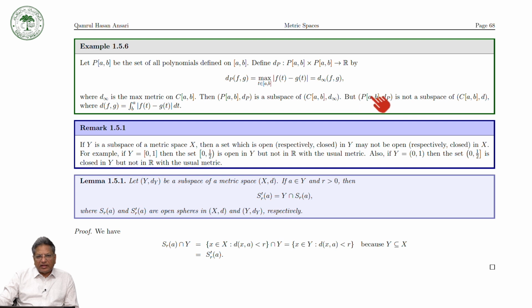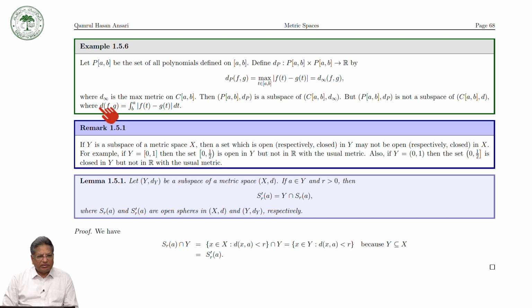This is a subspace of this metric, but not of that metric, because here d_p is the restriction of d infinity, but d_p is not the restriction of this d. So you cannot say this one.